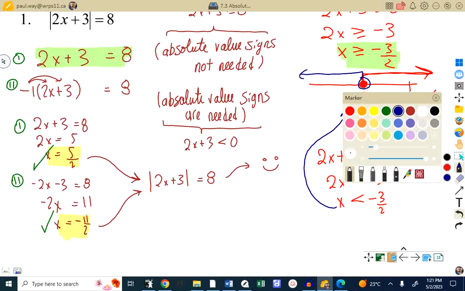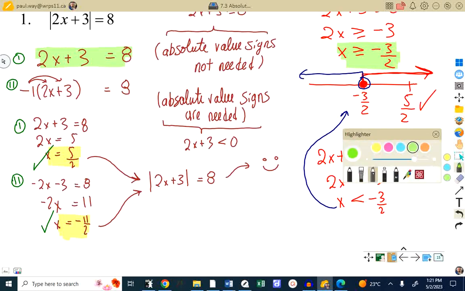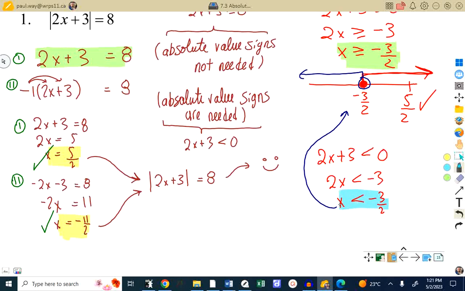This statement is only valid for this equation. What did this equation yield? It yielded negative 11 halves. Is negative 11 halves in this region I've marked with the blue line on my number line? Yes, that's what makes it a correct solution.